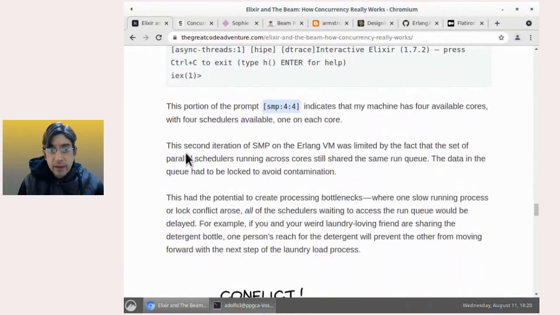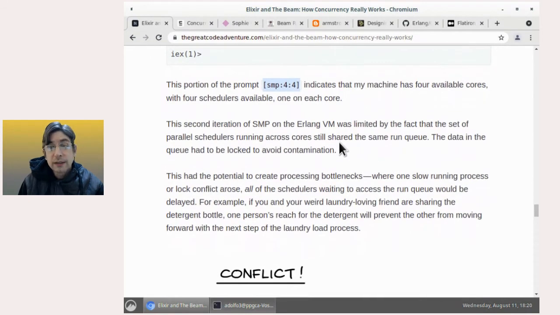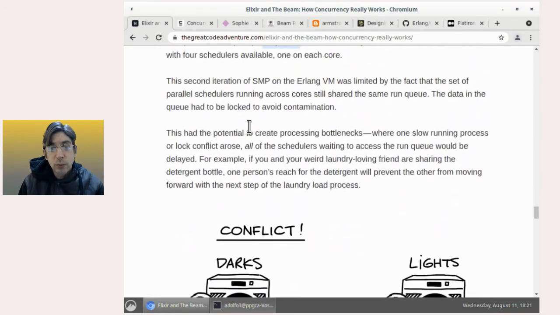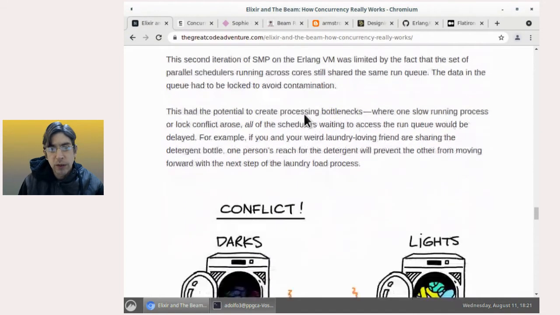The second iteration of SMP on the Erlang VM was limited by the fact that the set of parallel schedulers running across cores still shared the same run queue. The data in the queue had to be locked to avoid contamination.